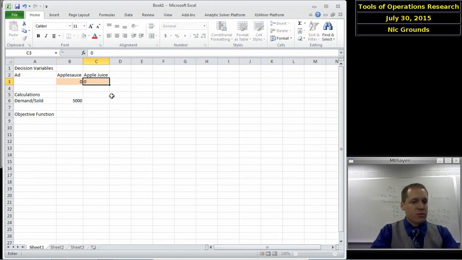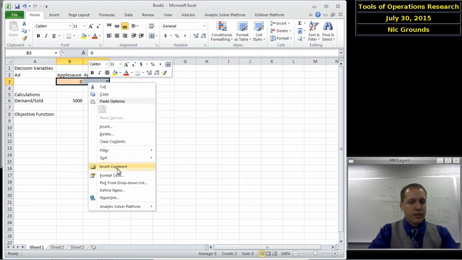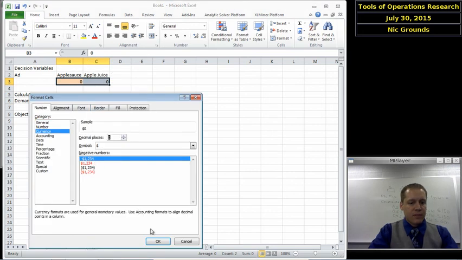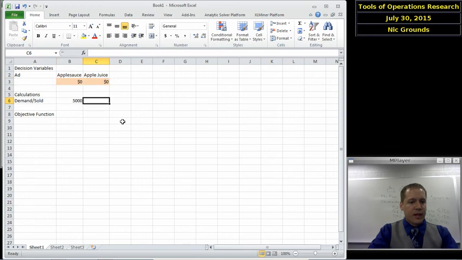Let's make that look like a currency. There we go. And similarly for apple juice, I believe it was 4,000 base demand plus 5 times every dollar spent advertising. So that tells us how many units of the product we can sell based on how much advertising we did.